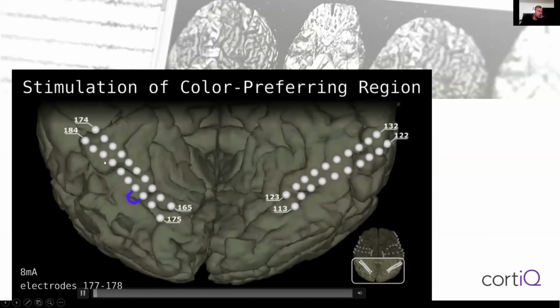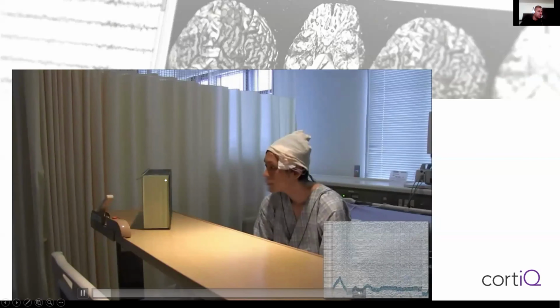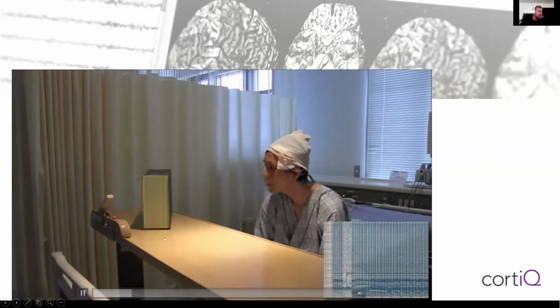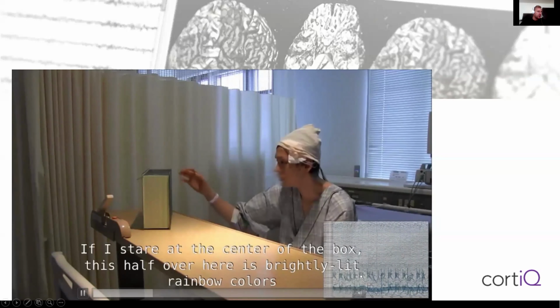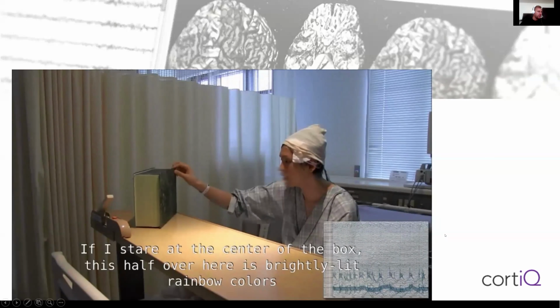And when we go a bit more to the occipital part, a bit more posterior, then we can see that the visual illusion changes. So we have the same stimulation artifact, similar after discharge pattern.